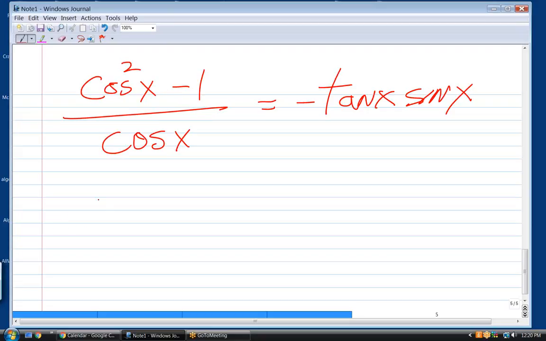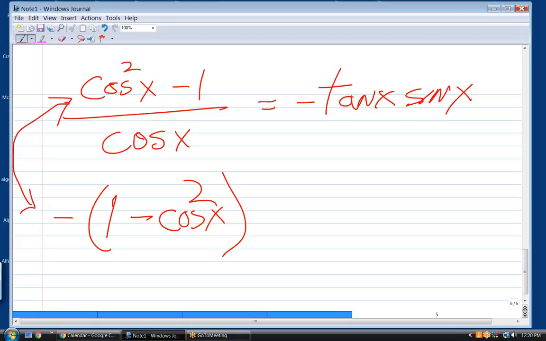So why don't we stick a negative sign in front of it? Now I can reverse these two terms. That's the same numerator. And it's really worth knowing that, algebraically, you can do that.